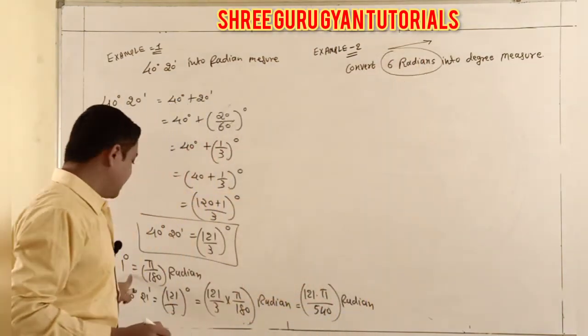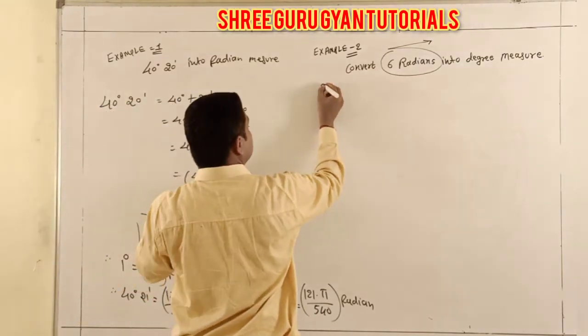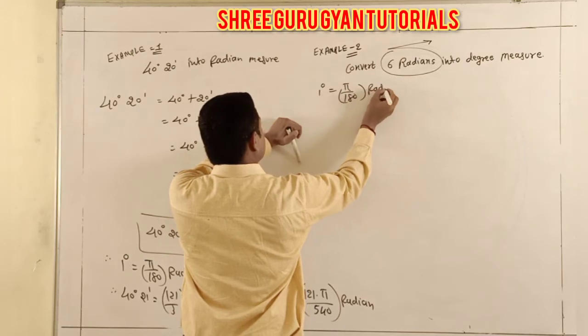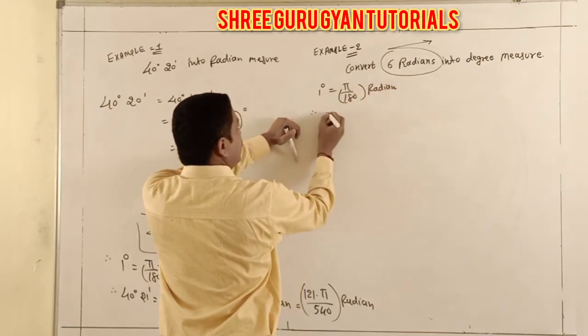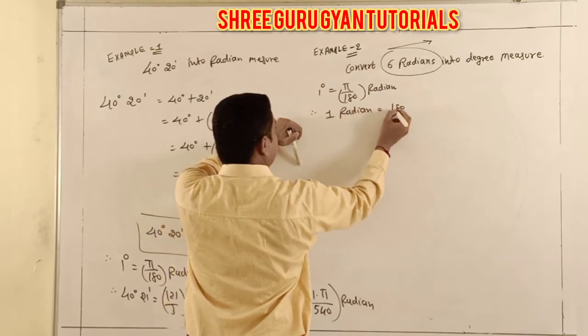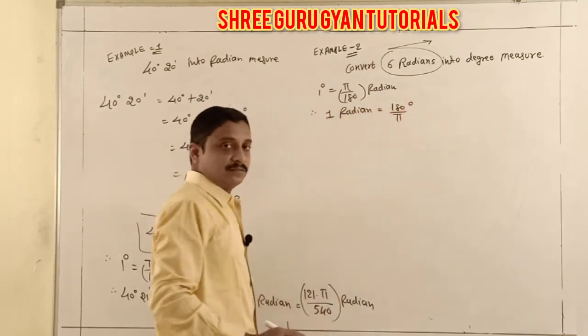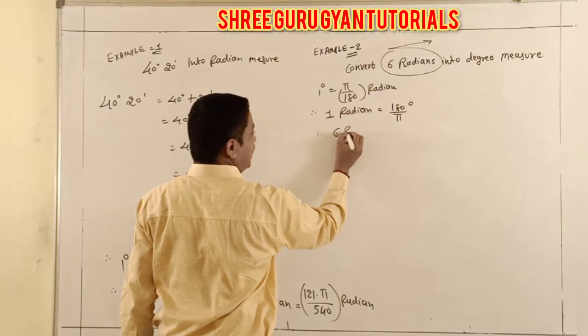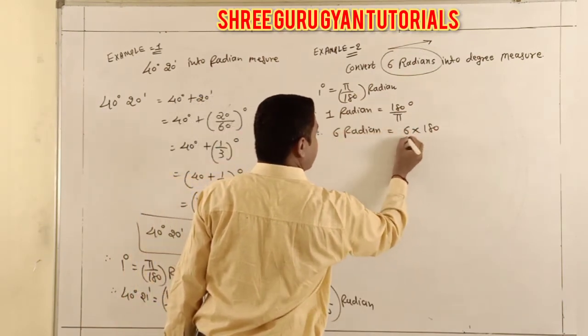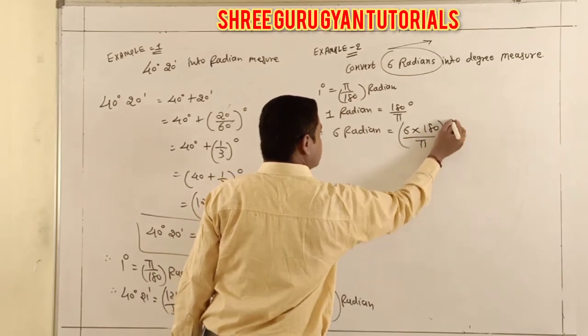The property: 1 degree is equal to pi by 180 radian. So how many is 1 radian? 180 by pi degree. It means 6 radian is 6 into 180 by pi, our degree measure.